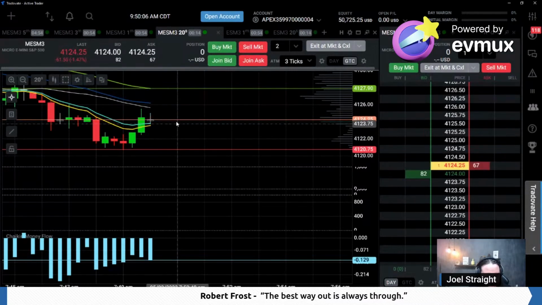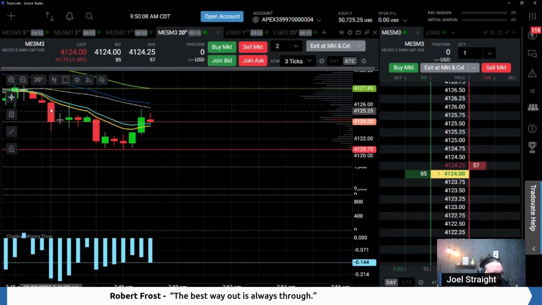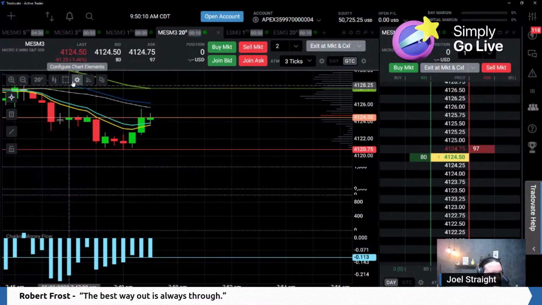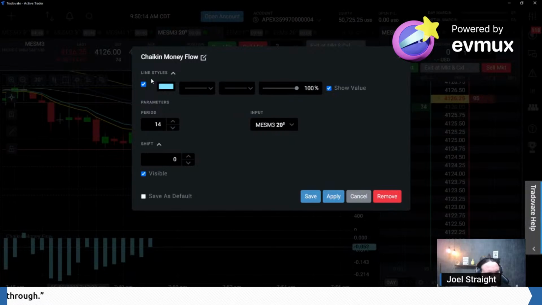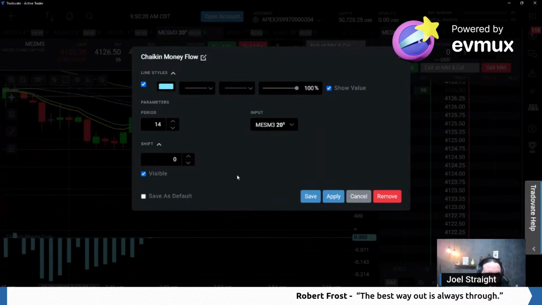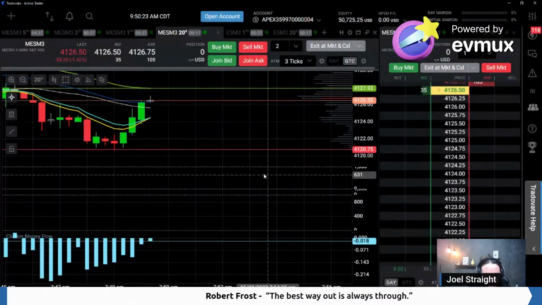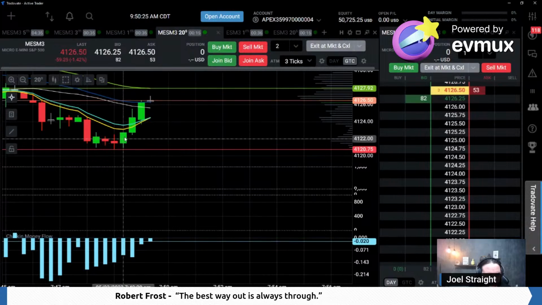Just watching this Chaikin money flow thing. I think it'd be really cool if I could change the colors of it. I can obviously change the color as a whole, but I mean when it's below 0 or above 0, it's a different color. I think it'd be cool. That was a nice trend reversal.